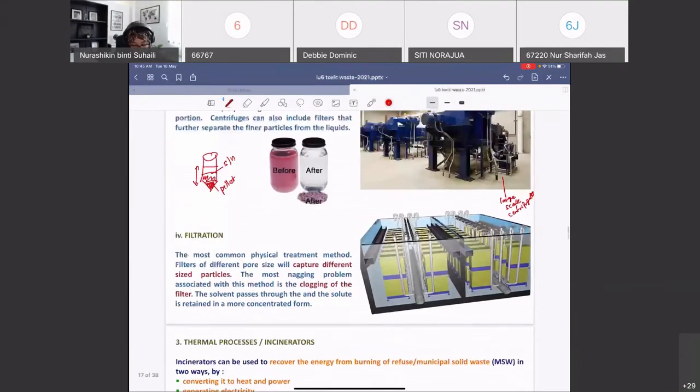Okay, another one is filtration. Filtration is done by using a filter, right? When we talk about filters, you should know that they come in various pore sizes. You know what pores are? Imagine the filter.